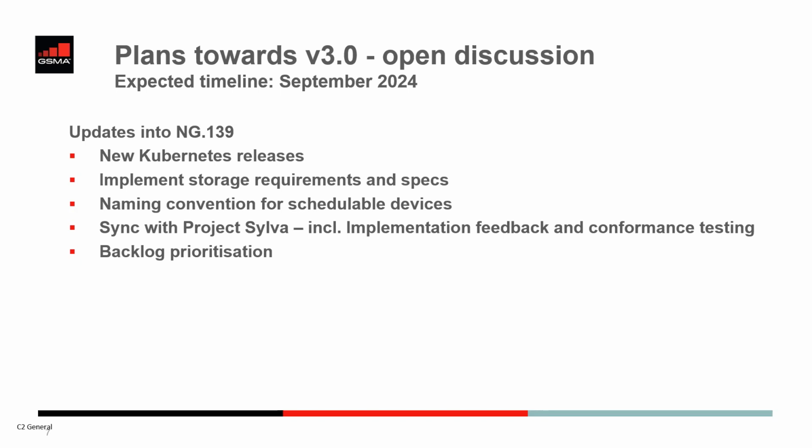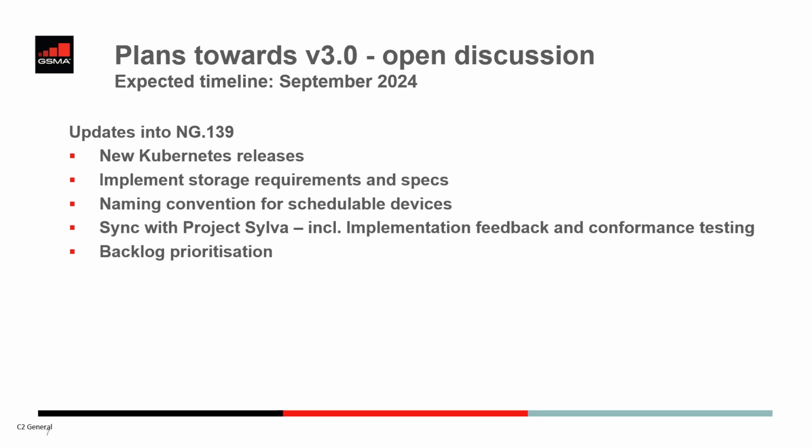Also thinking about synchronization with Project Sylva, which is a reference implementation of the Linux Foundation Europe of Kubernetes-based Telco Cloud. Any implementation feedback that Project Sylva can provide is welcome, and RA2 can also feed conformance testing guidelines in case that is implemented into Sylva.